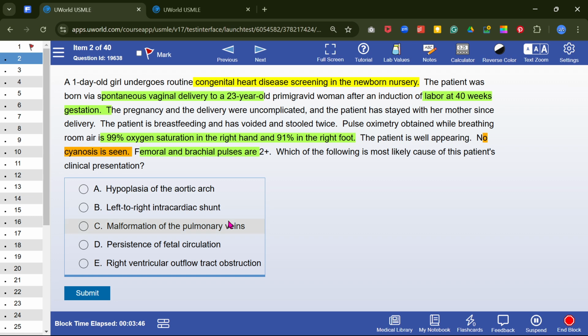Is it coarctation, hypertension, saturation higher in the right hand than the left foot? You got it wrong. You have given it in the form of coarctation.